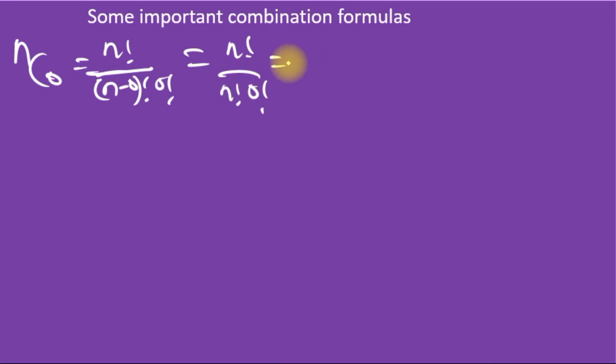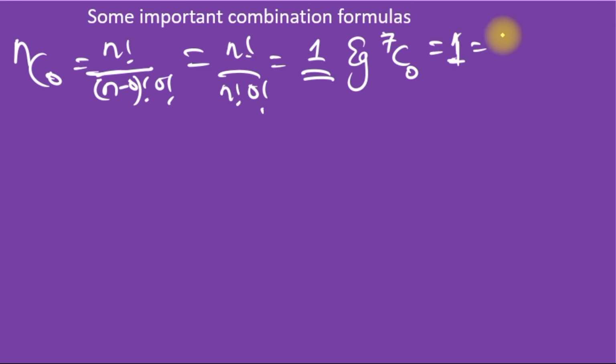We know 0 factorial is 1, so the answer is 1. So example, if someone asks you 7 combination 0, the answer is 1, or if you are asked 9 combination 0, the answer is also 1. So that's the first one.